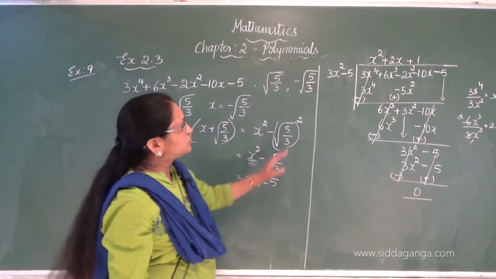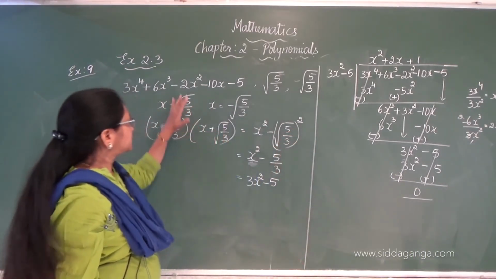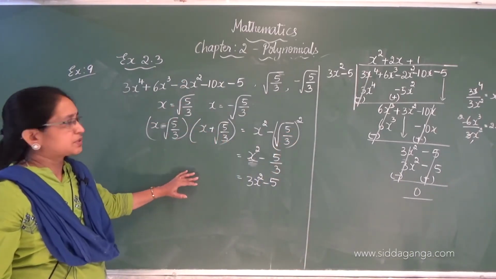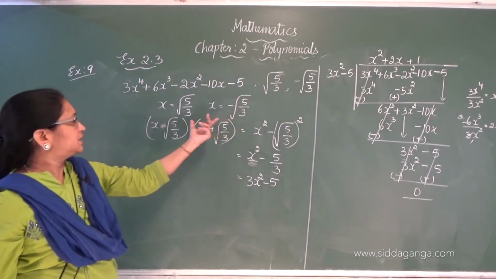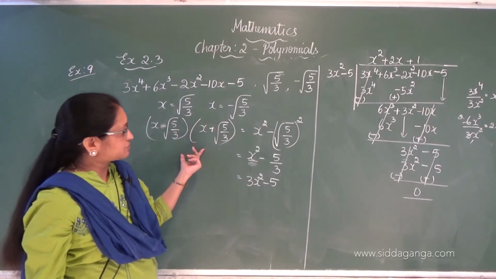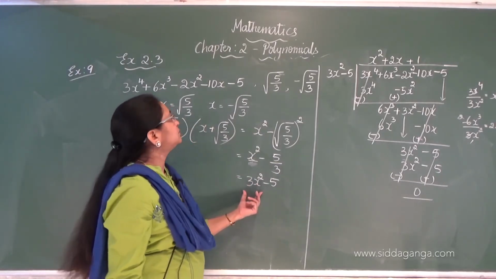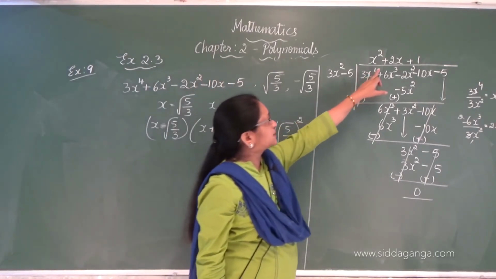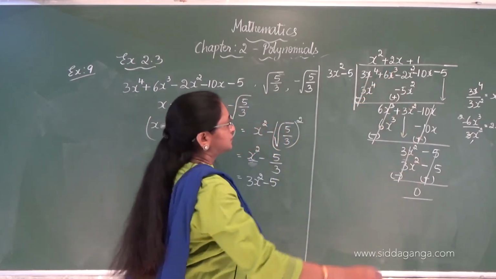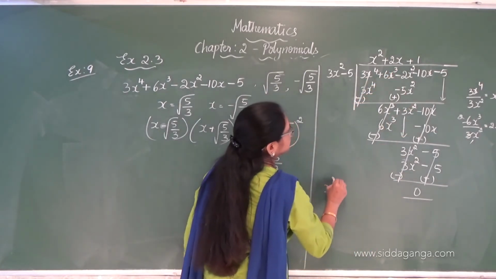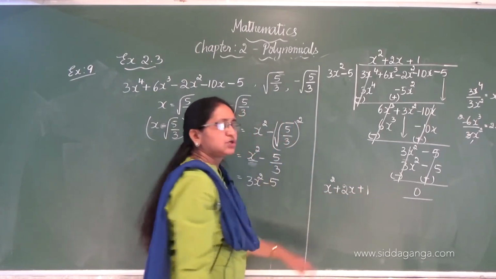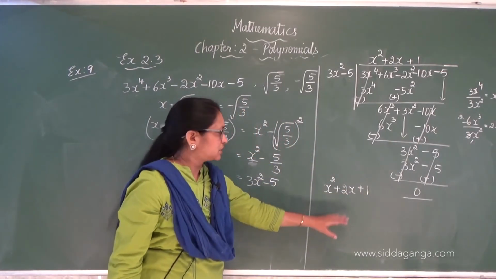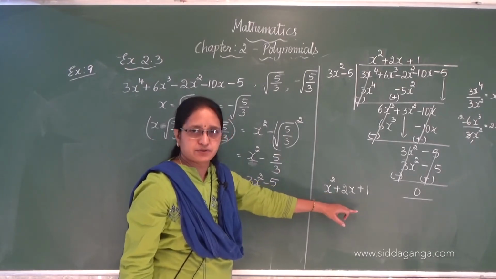Now what is the third step? This is the first step: you use the given zeros, multiply them, and divide the polynomial by that. So you will get the quotient x² plus 2x plus 1. This is to find out the other two zeros. Again you got a quadratic polynomial.